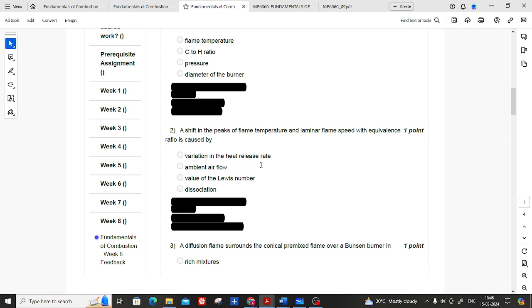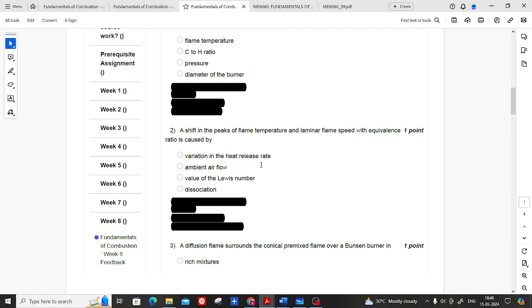Variation in heat release rate. Okay, anyone else? Any answer from someone else? See, it is the difference in thermal diffusivity and mass diffusivity, which is the Lewis number.